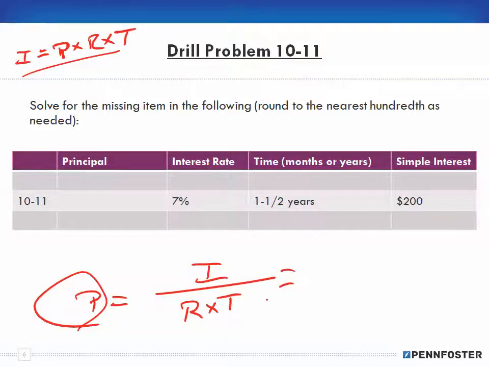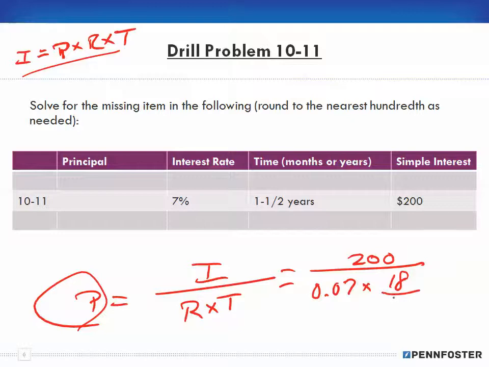So to calculate this out, our interest is $200, simple interest of 200. Our rate is 7% or 0.07, and we multiply that by our time, which is 18 months.